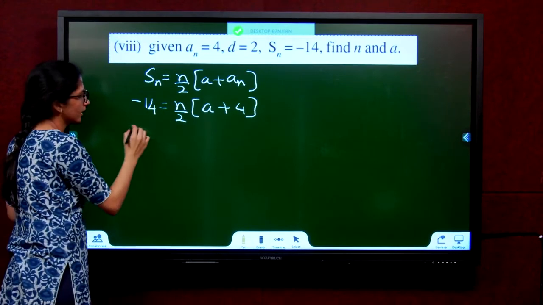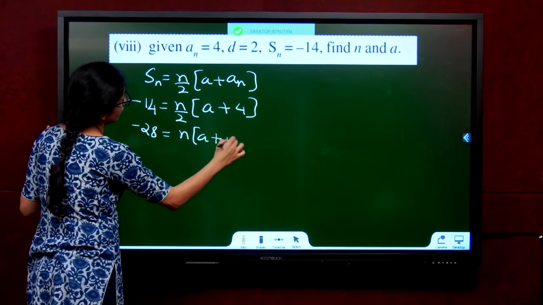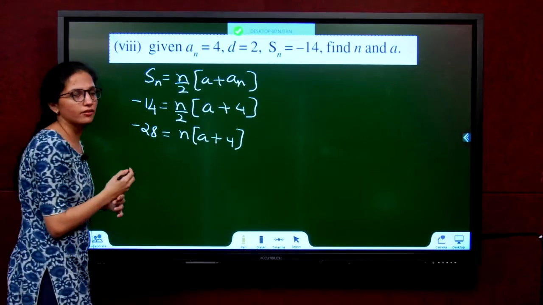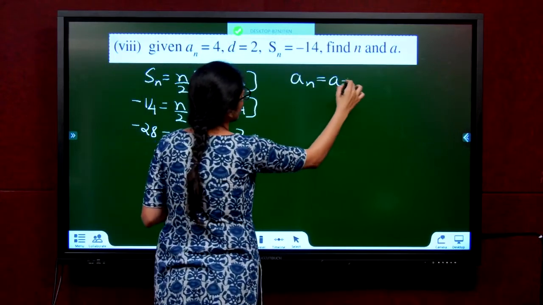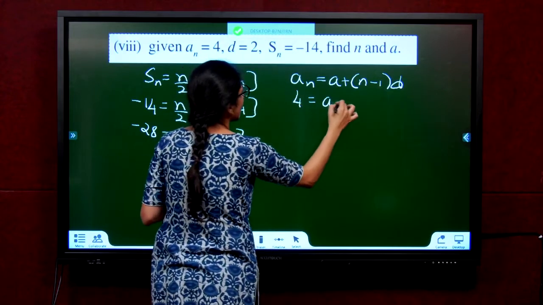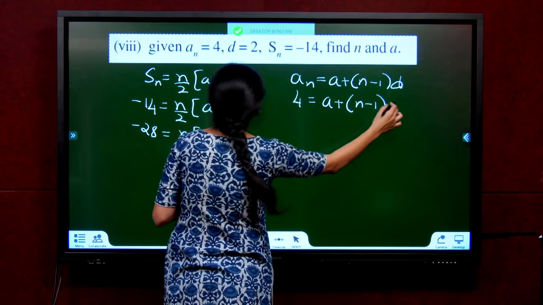Leave it, send the 2 this side. Minus 28 is equal to n into a plus 4. I don't know what to do with this. Come forward. I have an over here, you can form it and you have d. Can I write an is equal to a plus n minus 1 into d? 4 is equal to a plus n minus 1, d, 2.